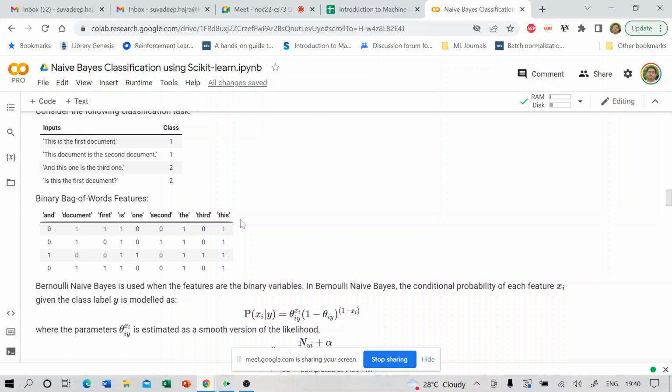First tell me, what will be the probability that x1 is equal to 1 given y is equal to 1? What will be the probability?